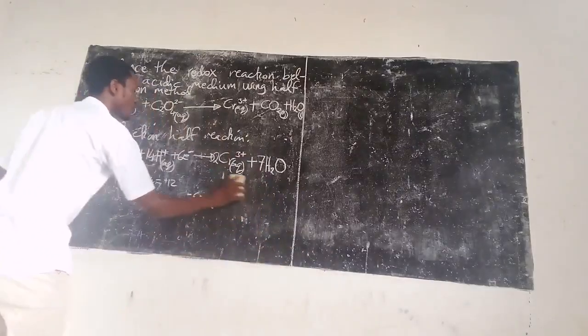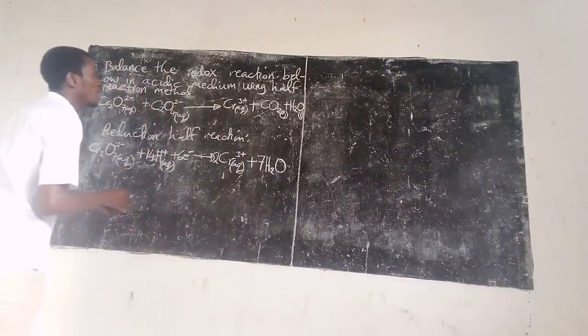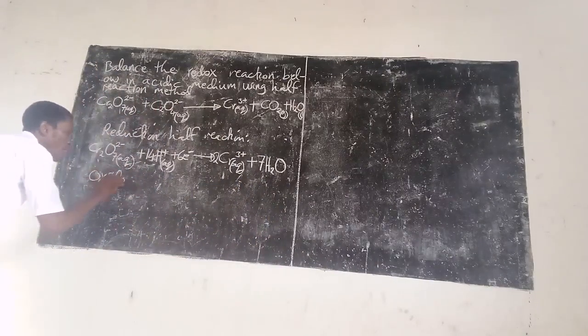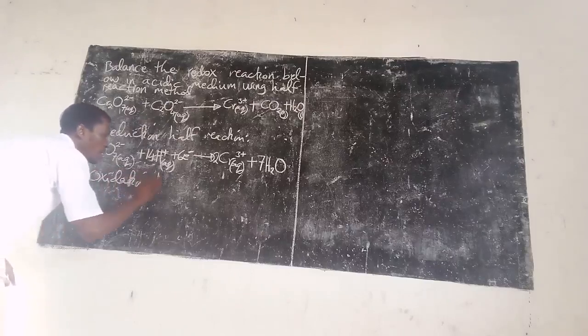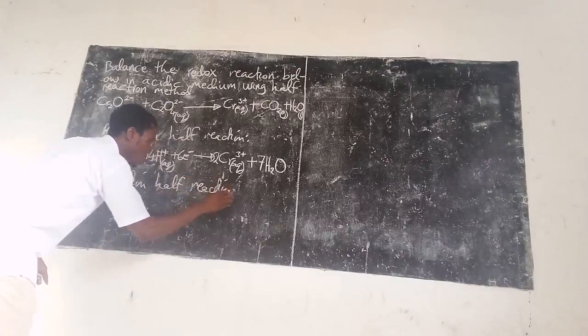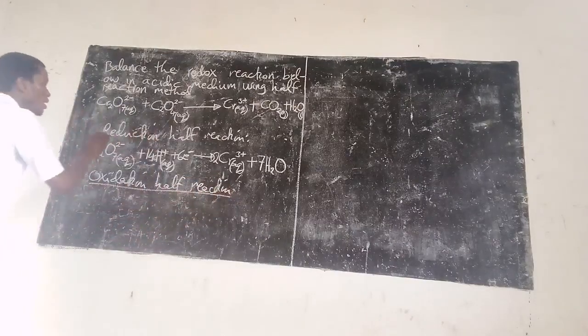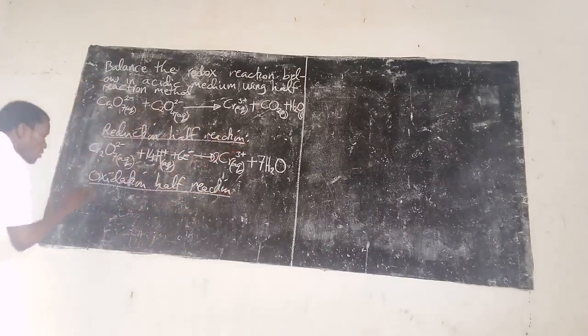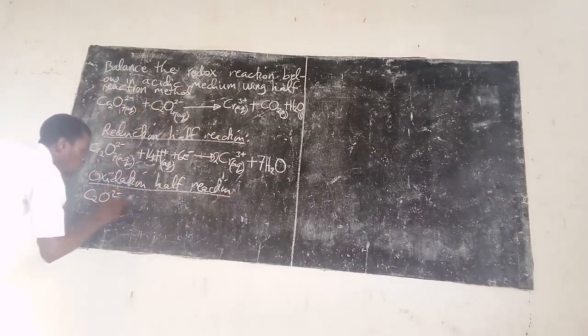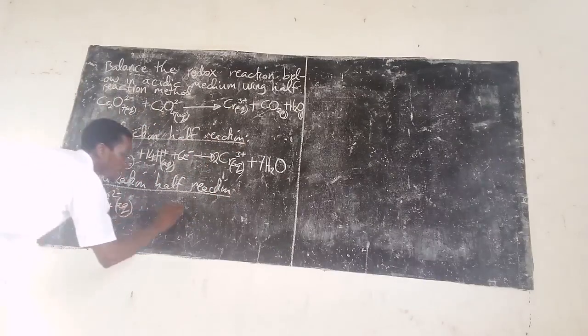Then we balance the oxidation half reaction. In the oxidation half reaction, this one undergoes oxidation. Materials are balanced first.